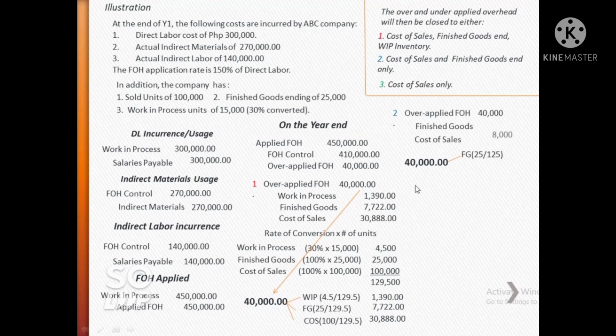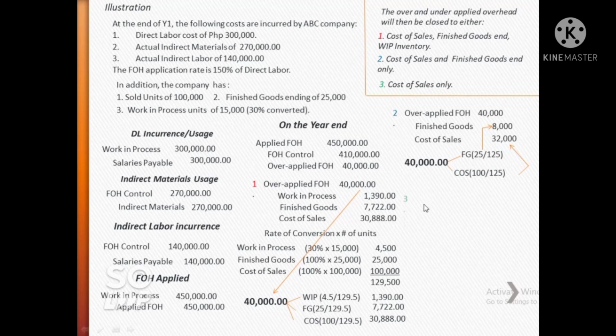And then we have 8,000. On the cost of sales, we are going to use the 100 over 125, and the amount that will be allocated to cost of sales is 32,000. So that's it for method 2.